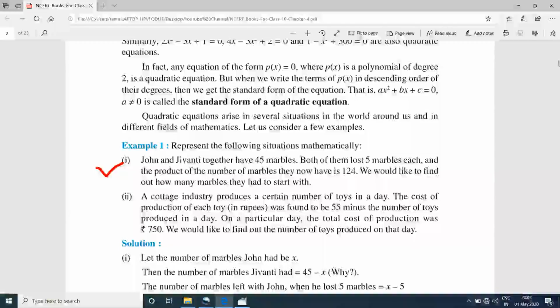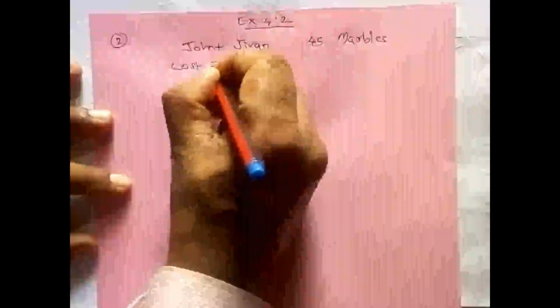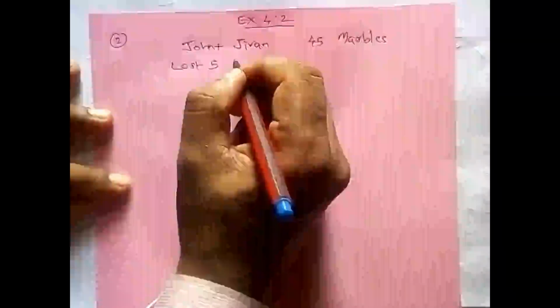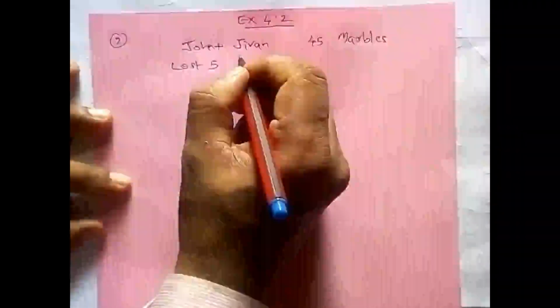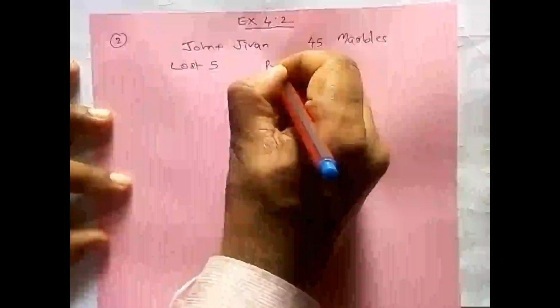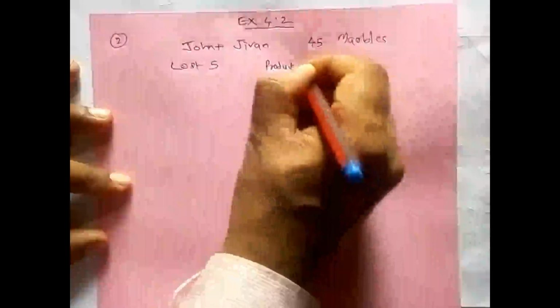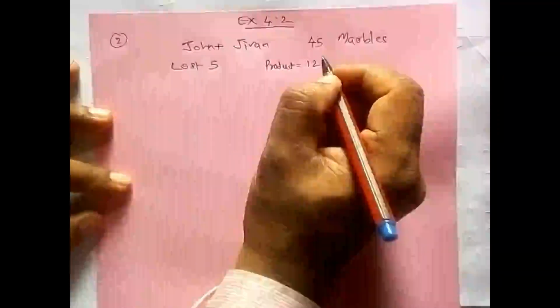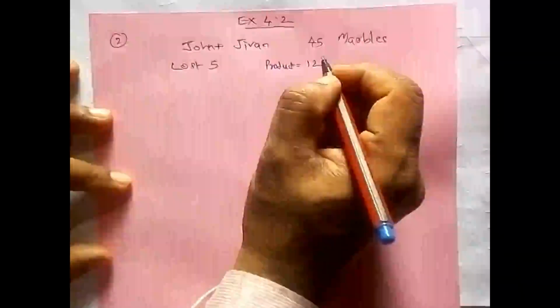Both of them lost 5 marbles, and the product of the number of marbles they now have is 124. We would like to find out how many marbles they had to start with.